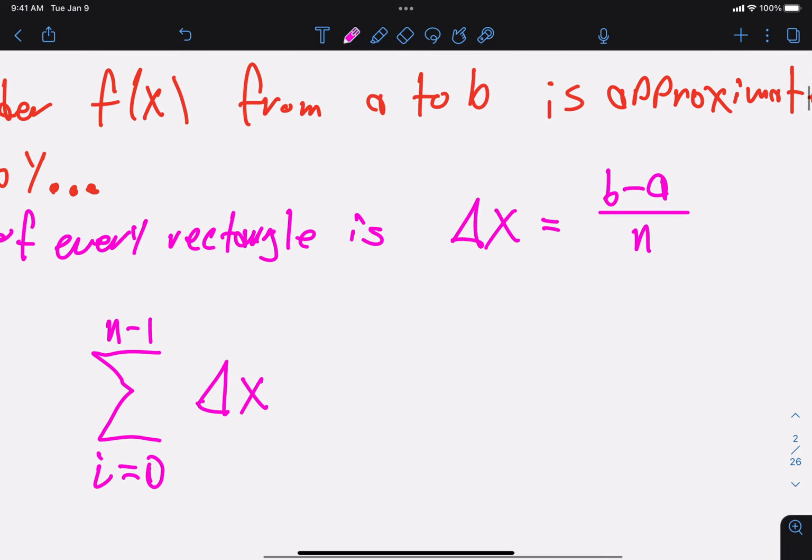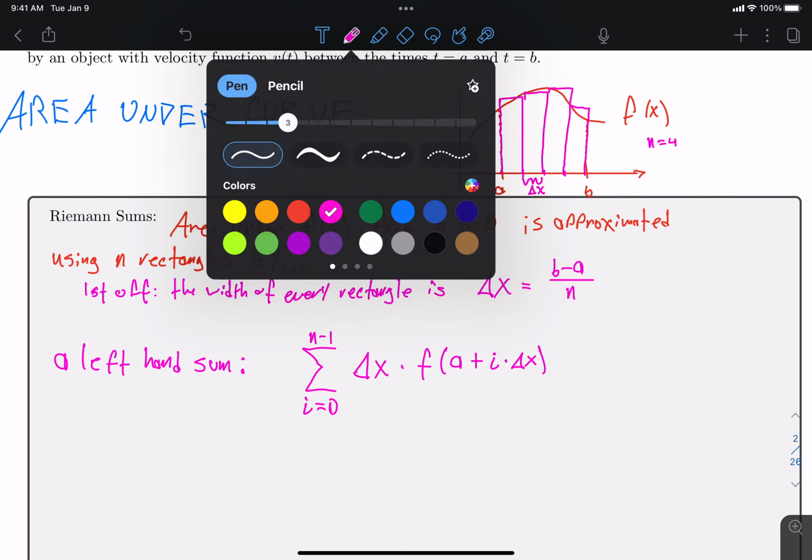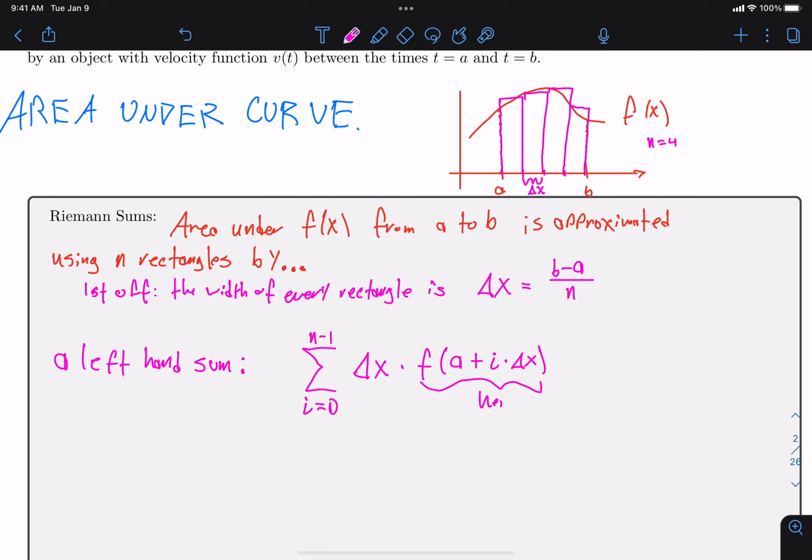So the height of my rectangle is going to be f of a plus i times delta x. That is the height, and this is the width of one rectangle.